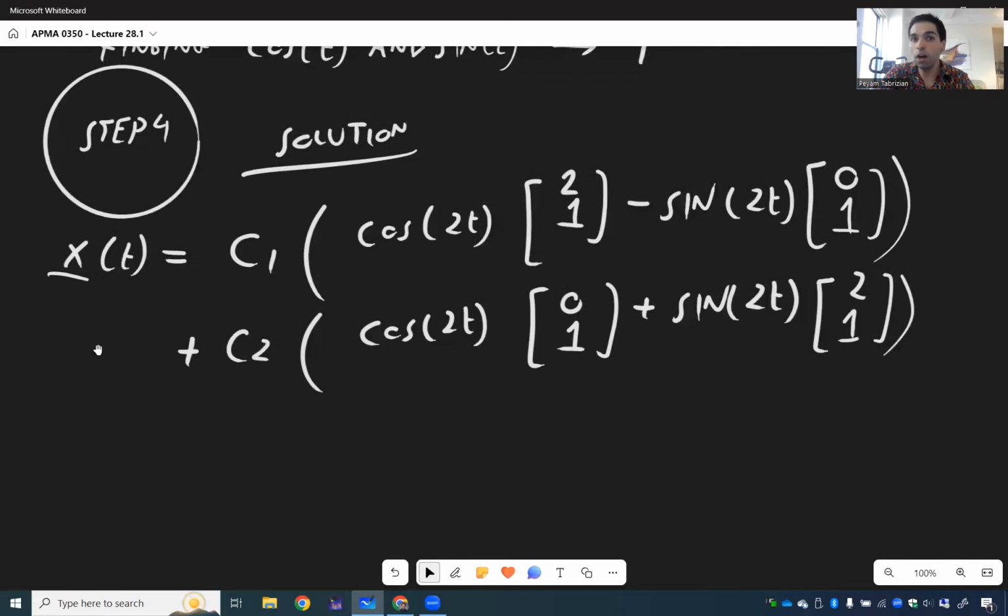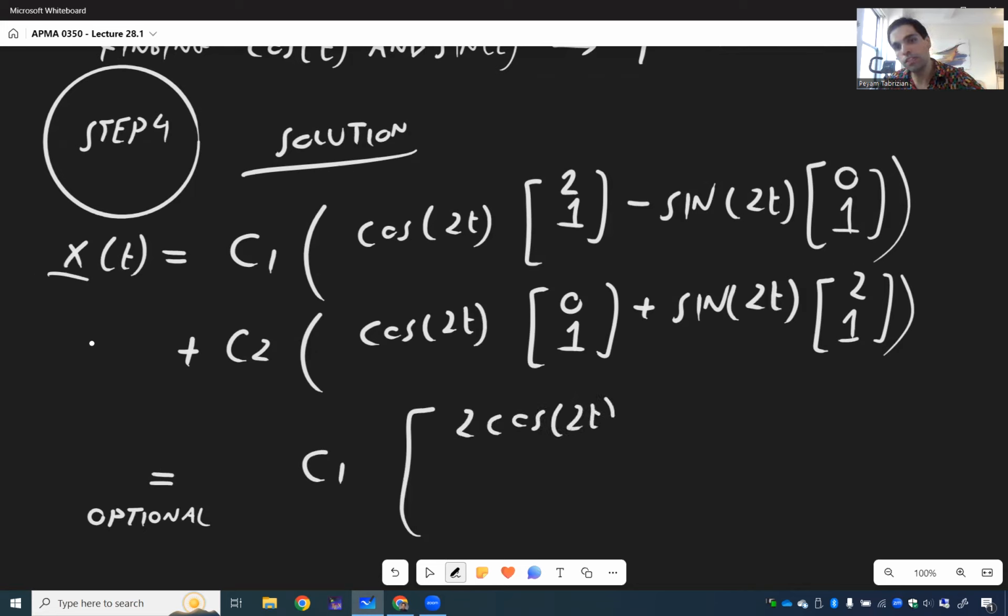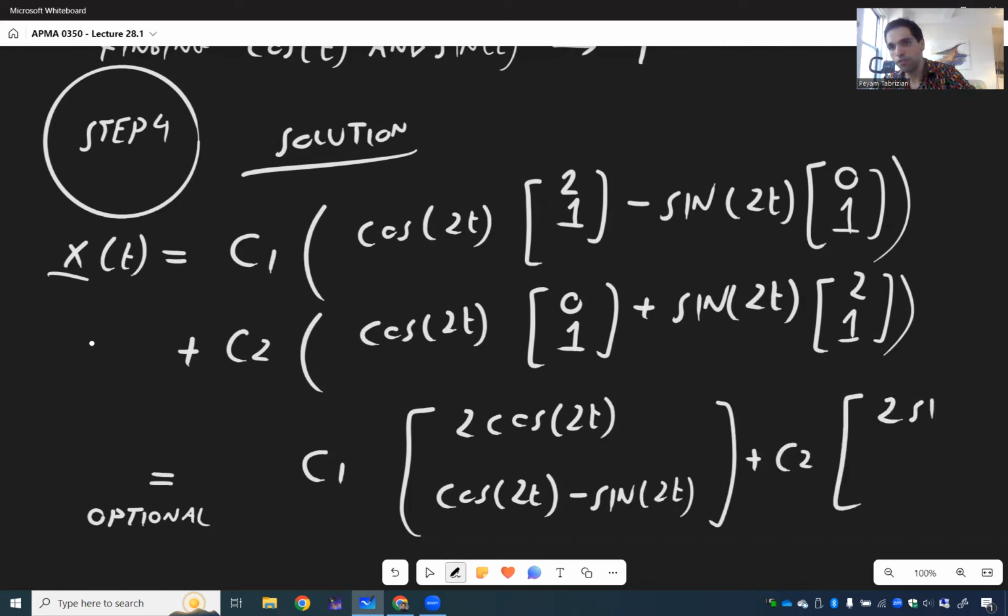And completely optional, you can rewrite this as one vector. So C1 times (2 cosine of 2t, cosine 2t minus sine of 2t) plus C2 times (2 sine of 2t, cosine 2t plus sine of 2t).